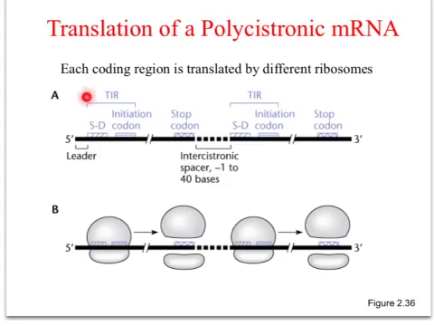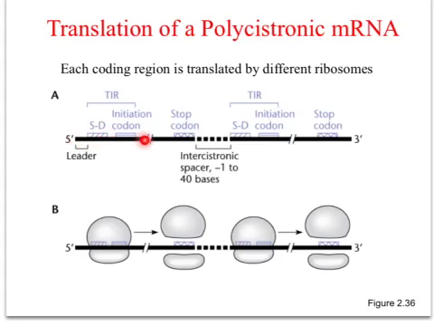The translation initiation region includes the Shine-Dalgarno sequence, which you remember is where the ribosome binds, and the initiation codon, which you recall is where the first amino acid is inserted using the initiation fMet tRNA. That's followed by a coding region shown here with the slash marks, and then ends with the stop codon.